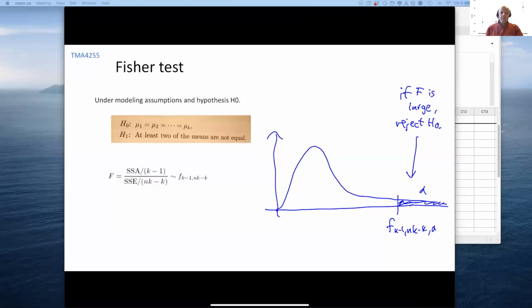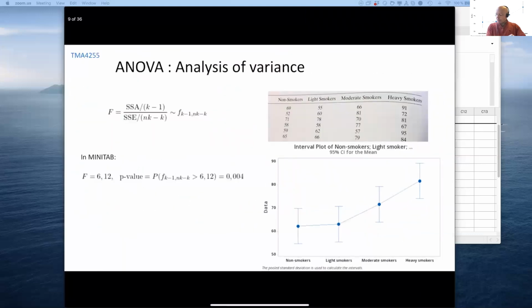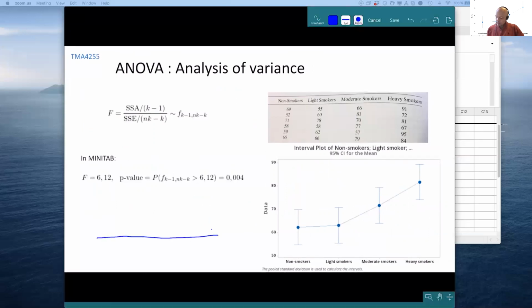Right, so this is something we can do in software, and here's a Minitab plot where we did this comparison for the smoking example or the heart rate examples with smokers, and we get an F value of 6.12, and the chance of having such a large F value is really small. So here's the F distribution. We had this alpha, which is typically 0.05.